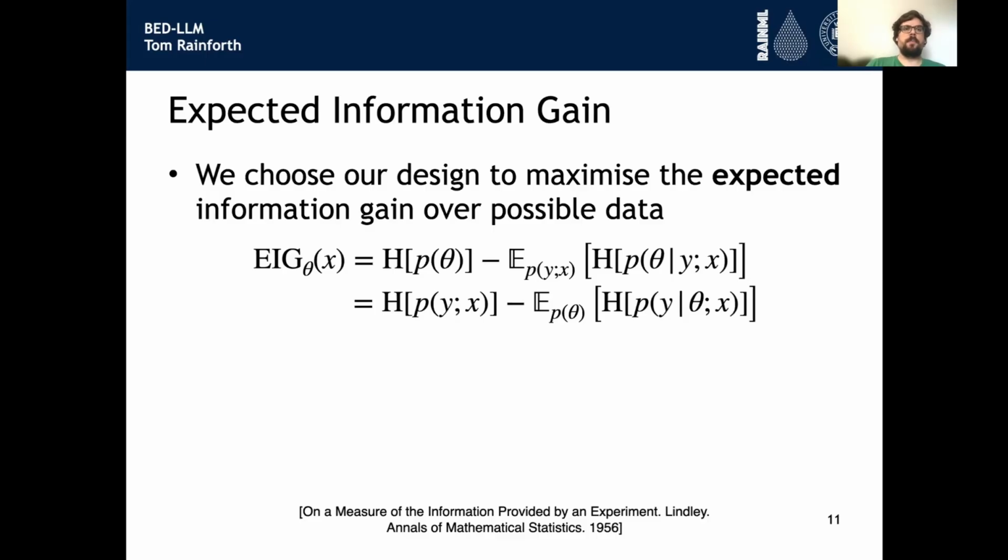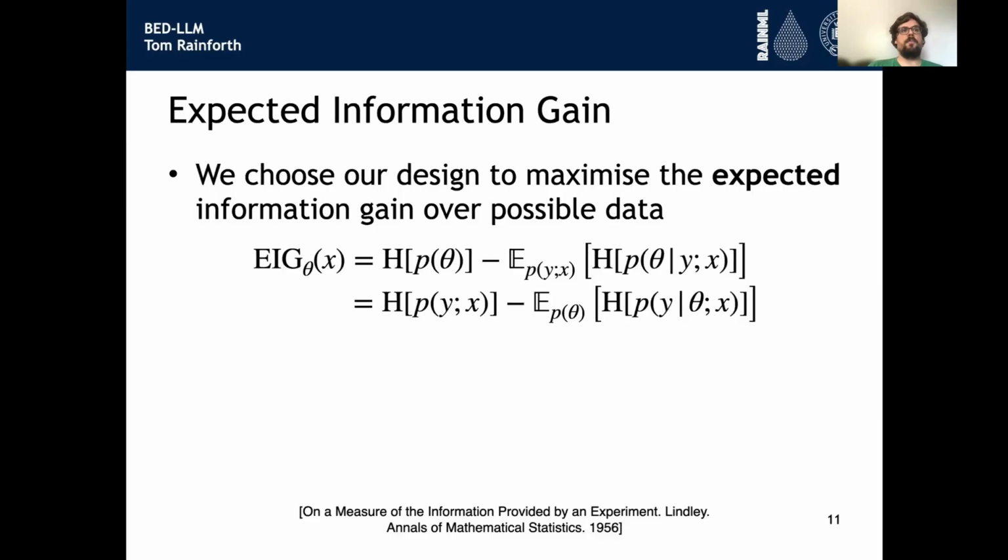So we're sampling from this marginal distribution of data, but calculating the entropy of this posterior distribution of theta given the data. And then in the bottom form, things are flipped. Now we've got the entropy of the marginal, which can itself be formulated as the expectation of the likelihood, minus the expectation over possible theta, the prior, of the entropy of the likelihood.